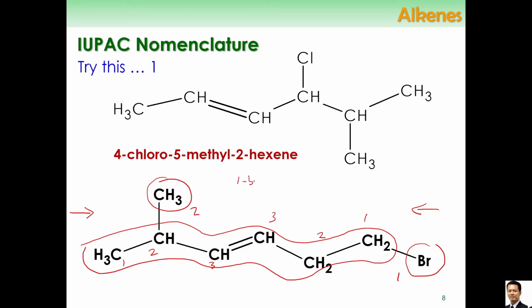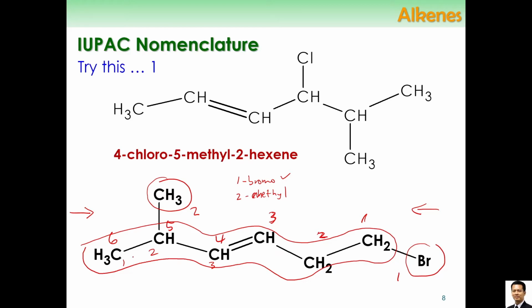So 1 bromo or 2 methyl. So we choose the lower number of first point of difference. So this one. So we are going to choose the numbering 1, 2, 3, 4, 5, 6.